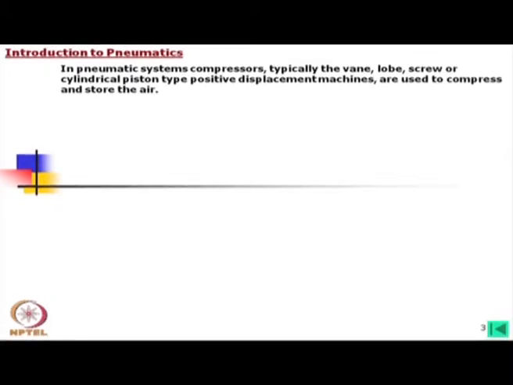In pneumatic systems, compressors, typically vane, lobe, screw or cylindrical piston type positive displacement machines, are used to compress and store the air.